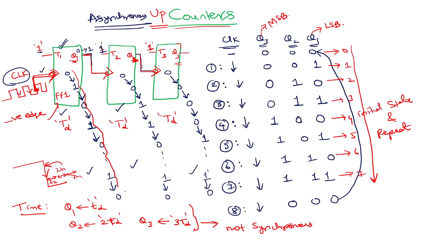Also, when you apply the clock, this is going to affect Q1, that is going to affect Q2, that is going to affect Q3. That is why it is also called a ripple counter.